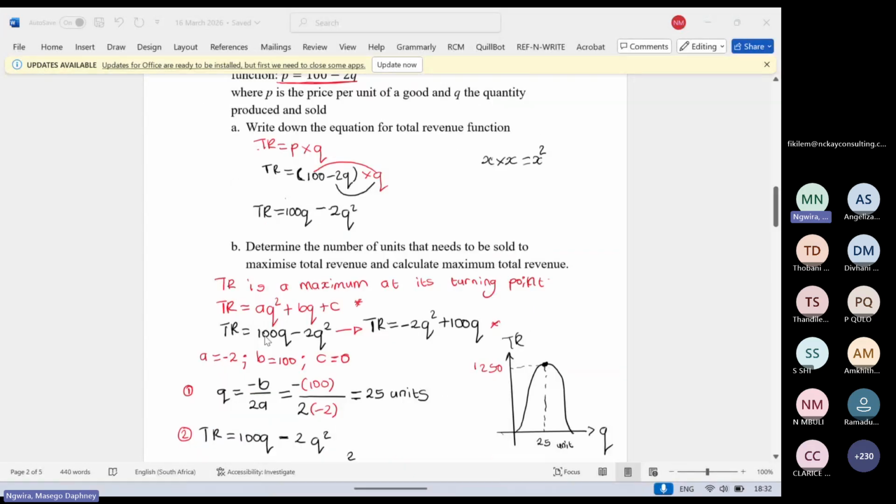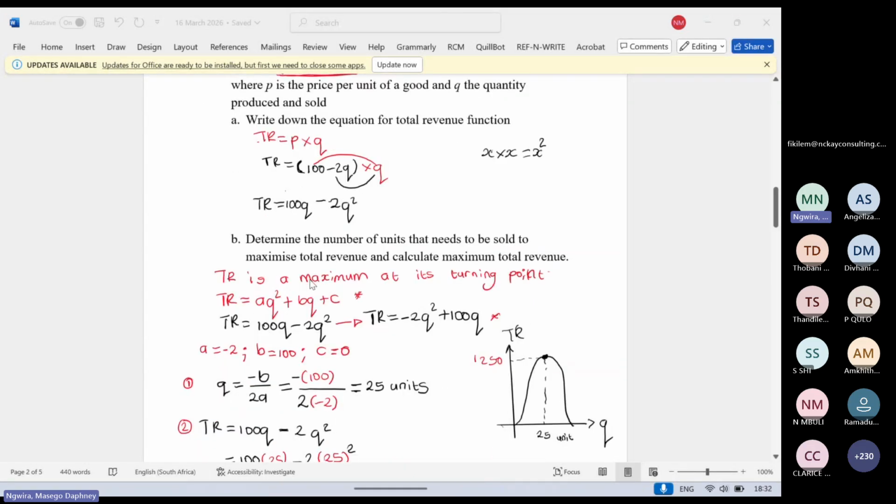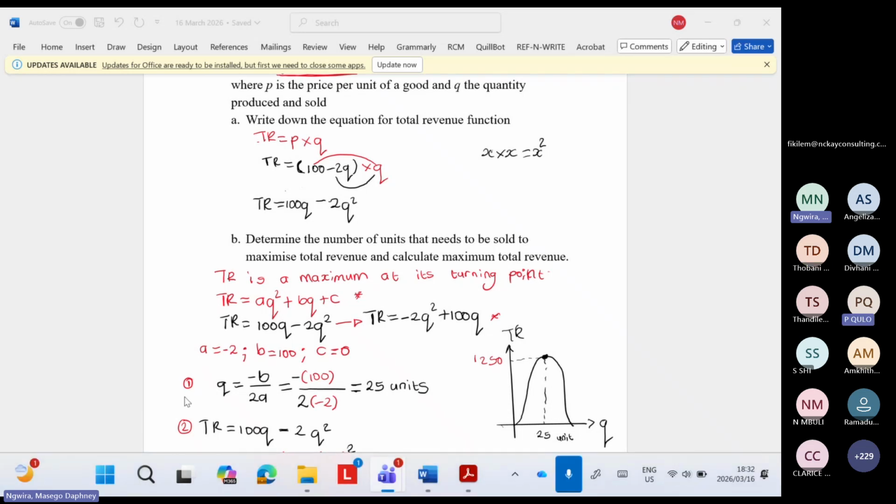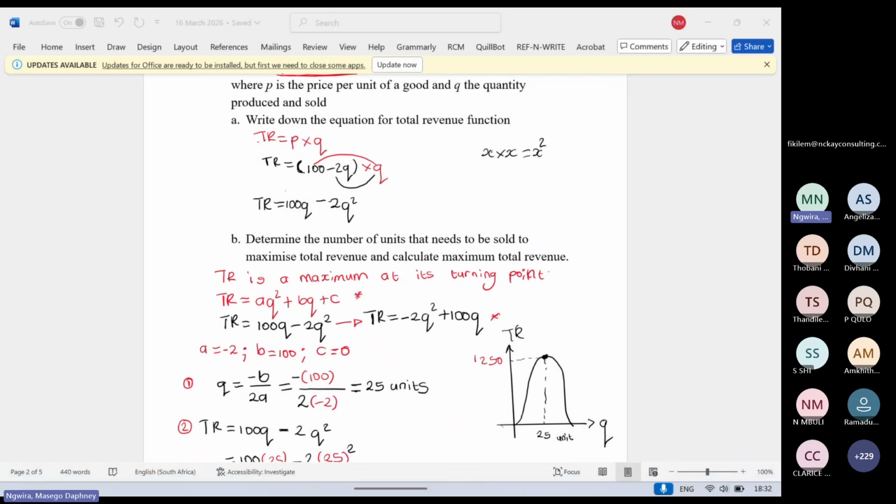And then now B, we're supposed to calculate the maximum total revenue. They wanted the Q at the maximum total revenue. So I said to you, we have a formula to calculate the Q. But you cannot calculate the Q if you don't have the total revenue formula in standard form. So the standard form is supposed to have AQ squared, then plus BQ plus C. When you look at this one, we have 100Q minus 2Q squared.